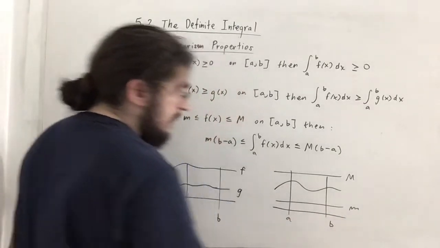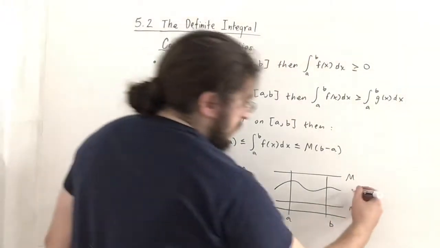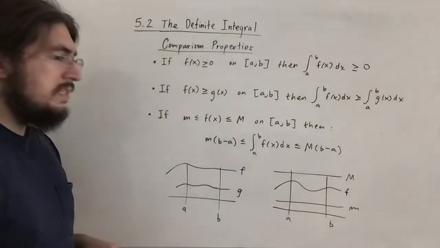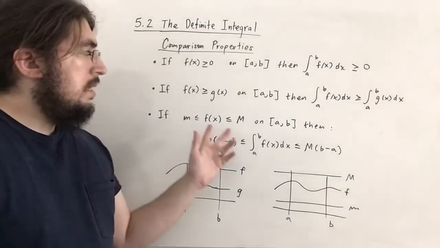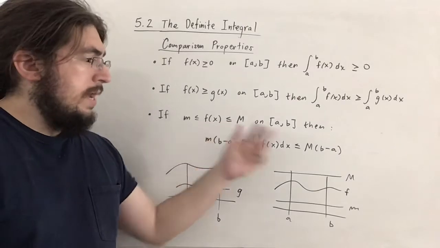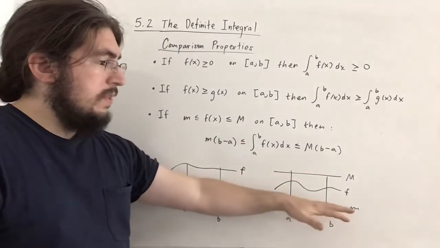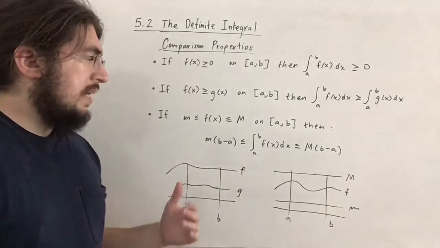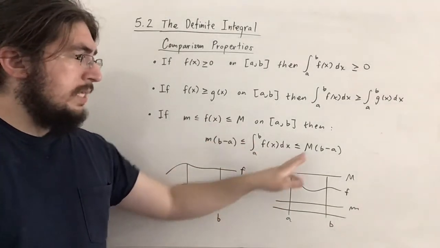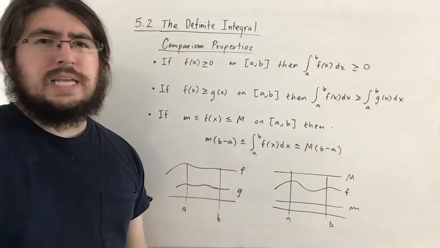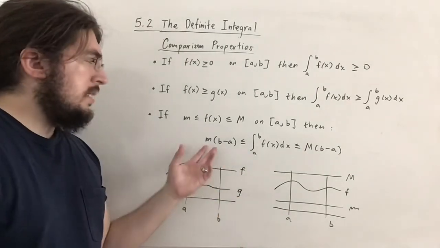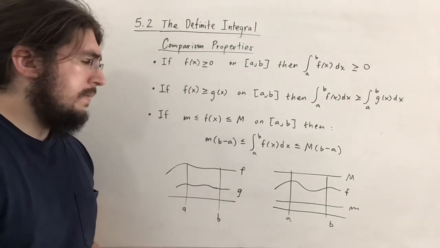Then it is, I think, fairly obvious for similar reasons that the area under capital M is larger than the area under f, and the area under f is larger than the area under lowercase m. So in fact, notice that the area under capital M from a to b is literally just M times the quantity b minus a, from one of the previous properties we saw, similarly for this lowercase m.